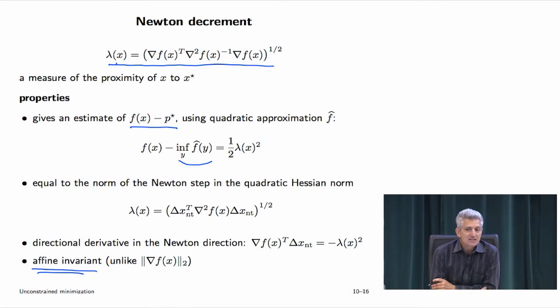The steepest descent, the gradient descent method does not commute with affine changes of coordinates. It is not affine invariant. Affine invariant means that some operation or an algorithm is invariant, you get a commutative diagram. You change coordinates, run the algorithm, or you run the algorithm, change coordinates, you get the same thing. That's false for gradient descent.